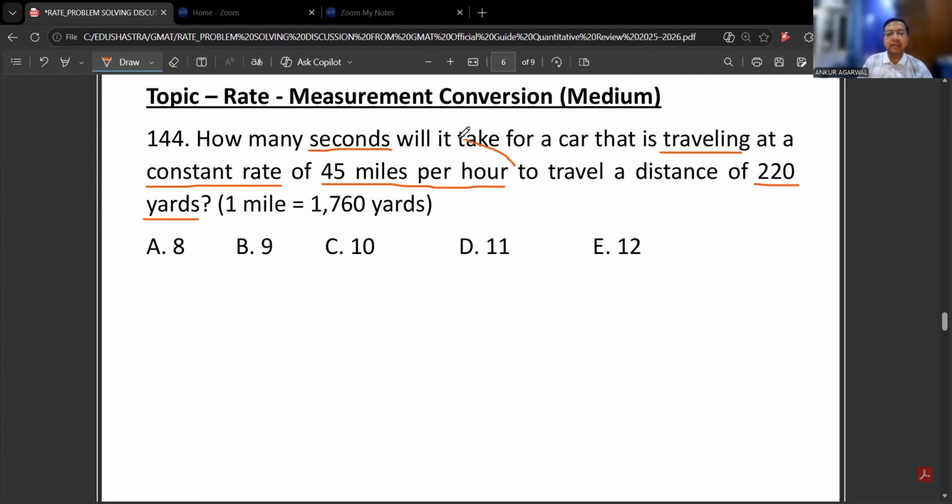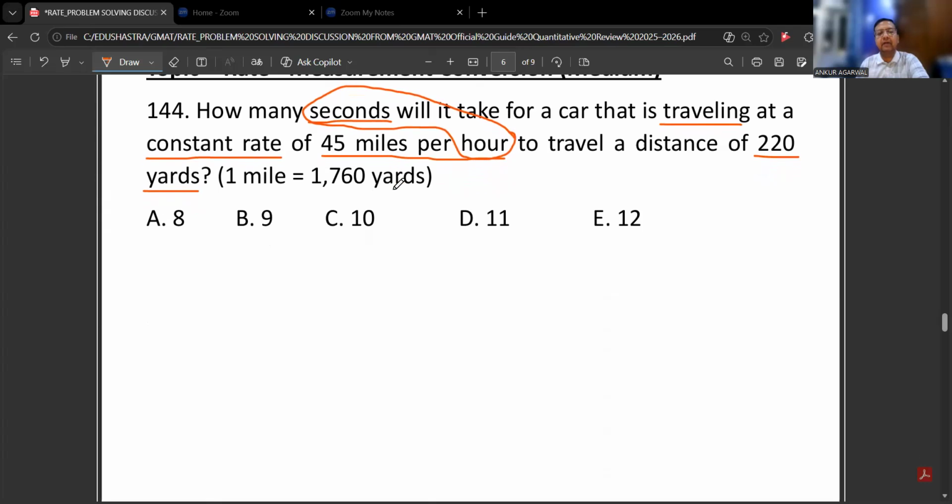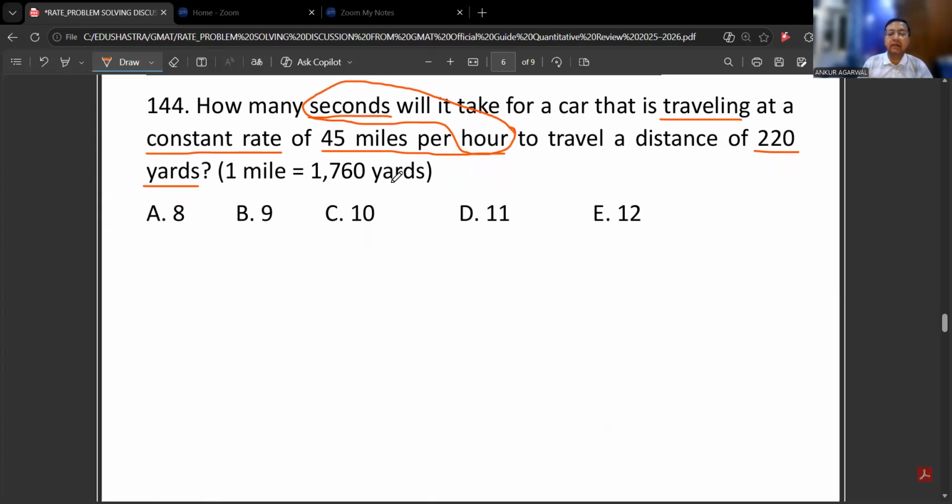So one change I have to consider is seconds and hours. And this is telling me 45 miles per hour, right? And the question is asking for 220 yards.